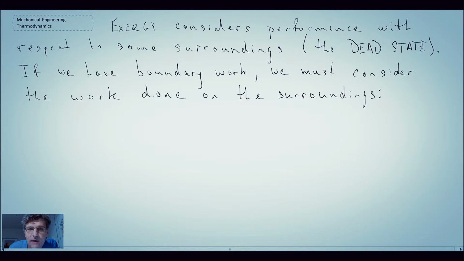If it's contracting, the surroundings is doing work on our control volume. But let's assume that our control volume is expanding. Well, in that case, we are doing work on the surroundings, and the work that we perform on the surroundings can be quantified as the dead state pressure multiplied by the volume change.